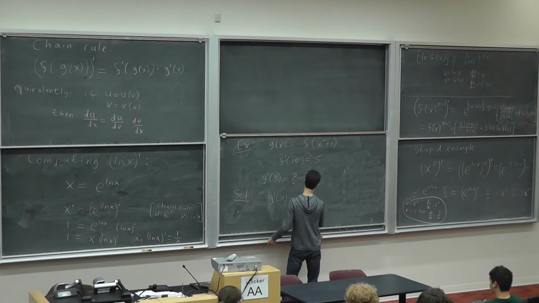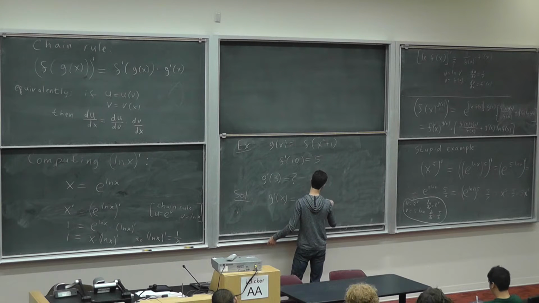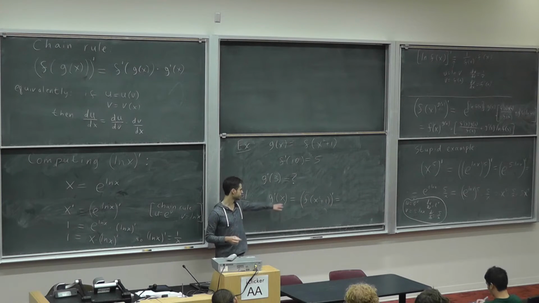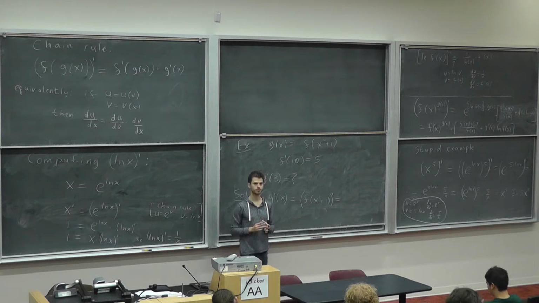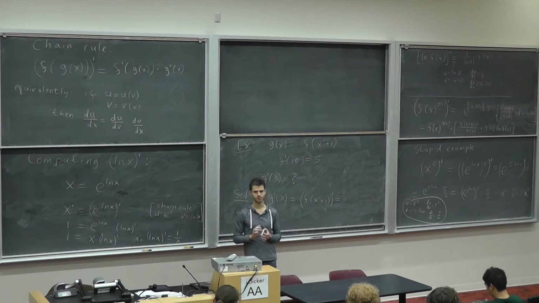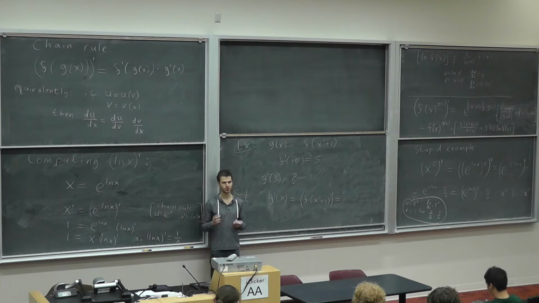I'm trying to find the derivative of f of x squared plus 1. How can I find this derivative? So, what is the last operation that I'm applying here?